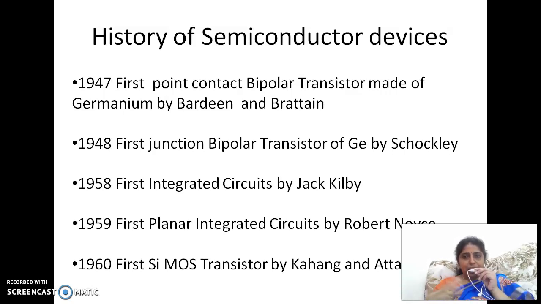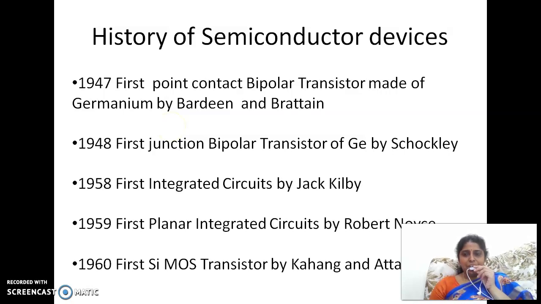The next is the integrated circuits, given by Jack Kilby. So in 1947 the point contact transistor, in 1948 the bipolar transistor, and in the bipolar transistor we know the operation takes place by current.